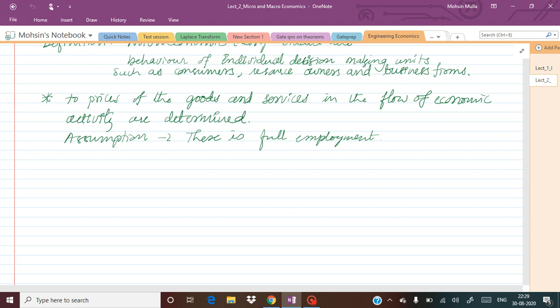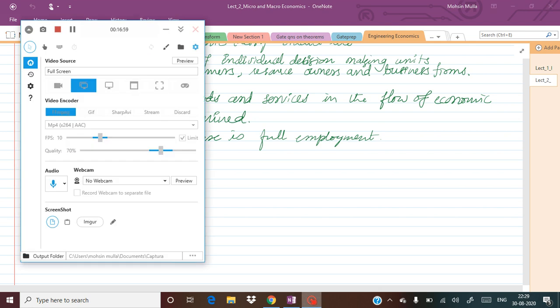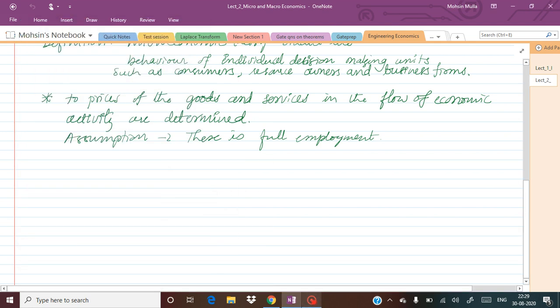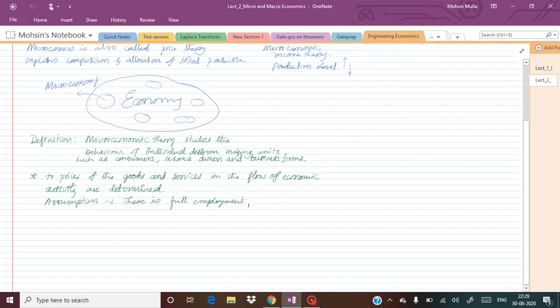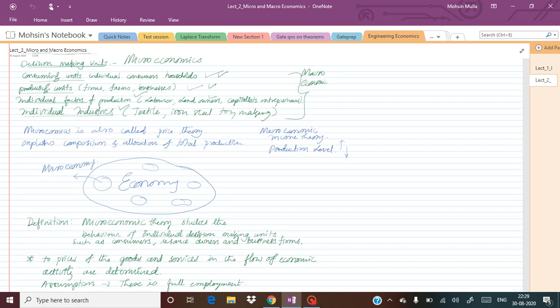So that is about microeconomics. I hope you are able to understand the content of this lecture. Here we tried to understand the basic difference between micro and macroeconomics, and we also tried to give a logical definition of microeconomics, and then to understand what exactly is being achieved through the microeconomic study.